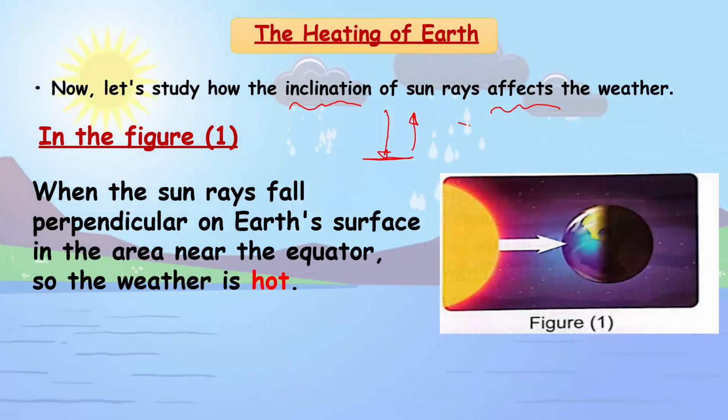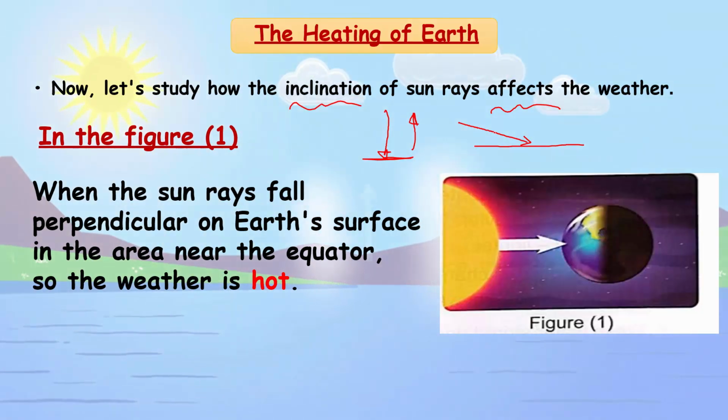If the sun rays fall inclined, is the angle of incline affecting the temperature? Let's see. In this figure, the sun rays fall perpendicular on the Earth's surface. So the area near the equator of the Earth, this area is hot.